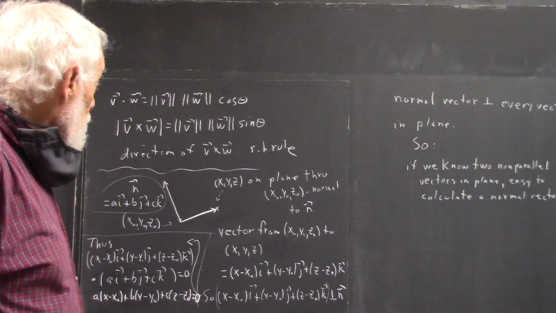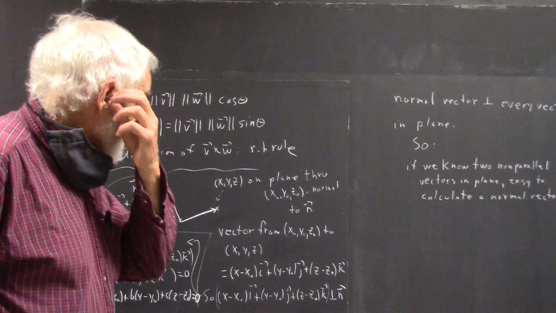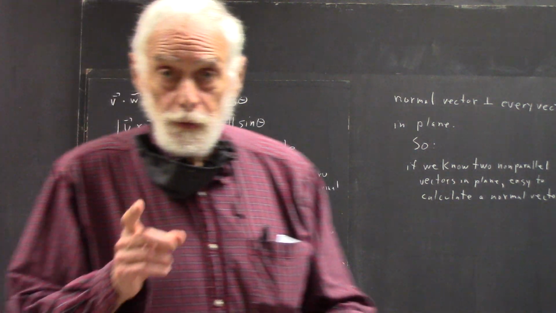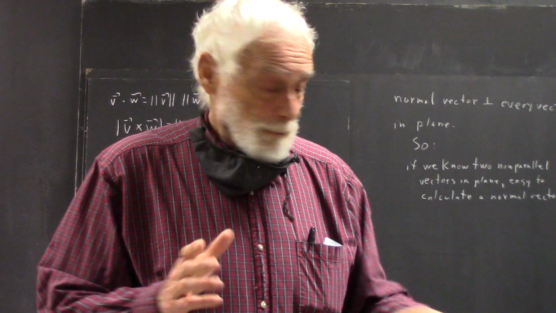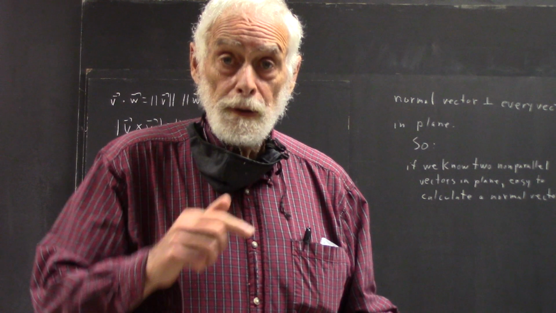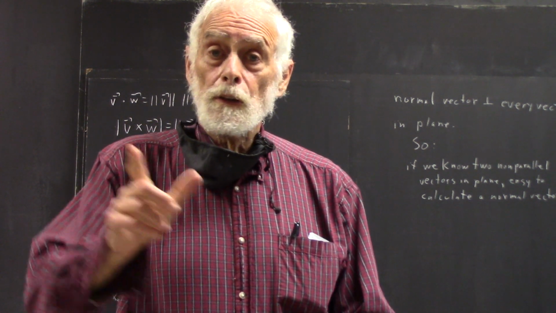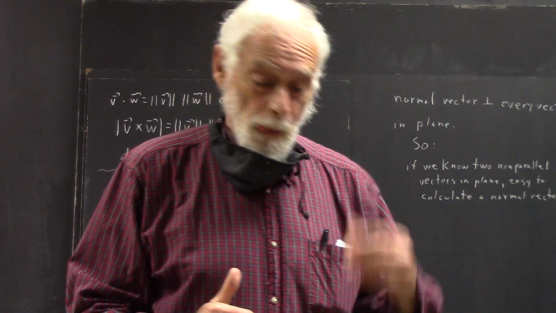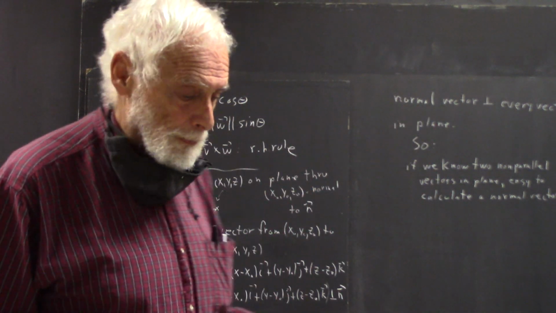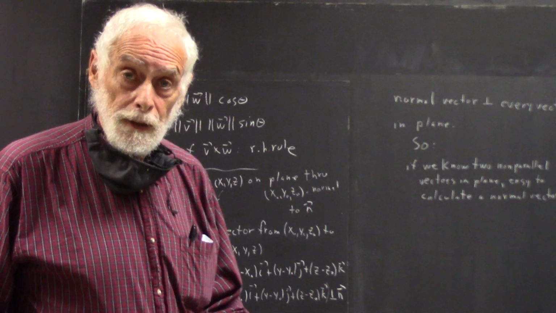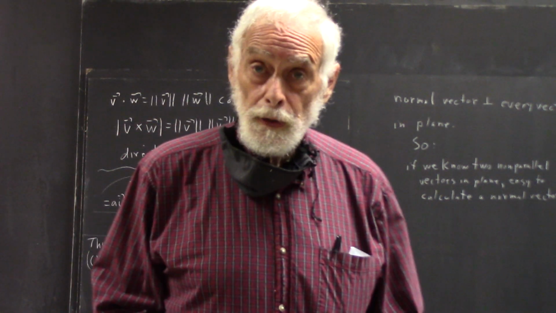Also, as we've said, if you have the two vectors that we demonstrated here, you take their cross product, then you have a vector perpendicular to both of those vectors. Part of the basic idea of the cross product is that it's perpendicular to both vectors.